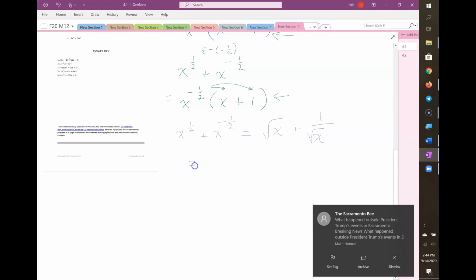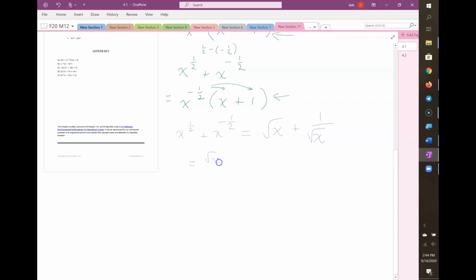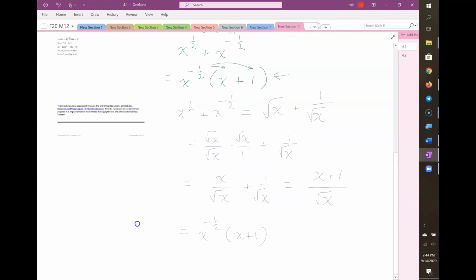So I need a common denominator to be able to add fractions, so I would multiply the first term by square root of x over square root of x, and then the square root of x times the square root of x is x. Then I would combine the numerators and don't change the denominator. Well, this is the same thing that we got, x to the negative 1 half times x plus 1.